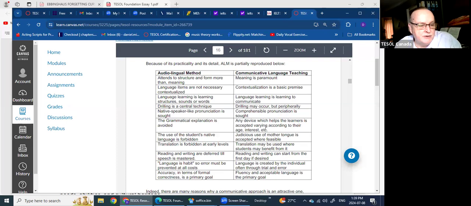The counterpart to that point under audiolingual simply says the grammatical explanation is avoided. Audiolingual was based on listening and repeating what was said and copying the sounds that the students heard.